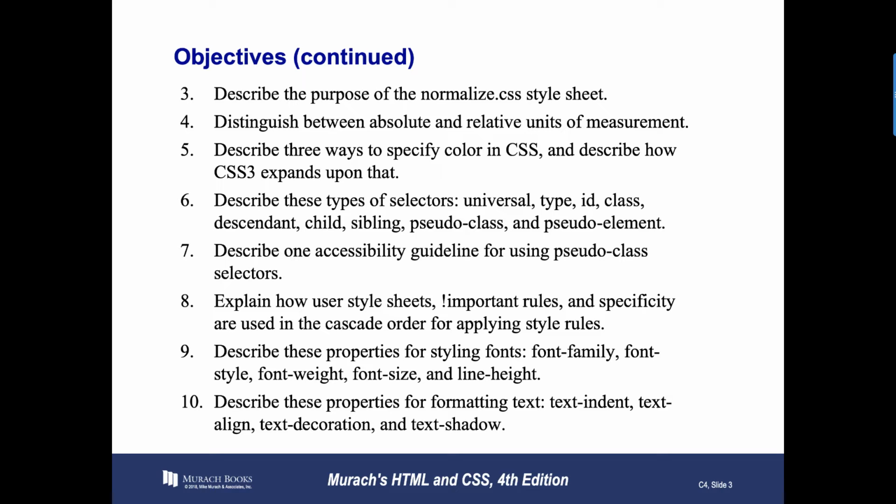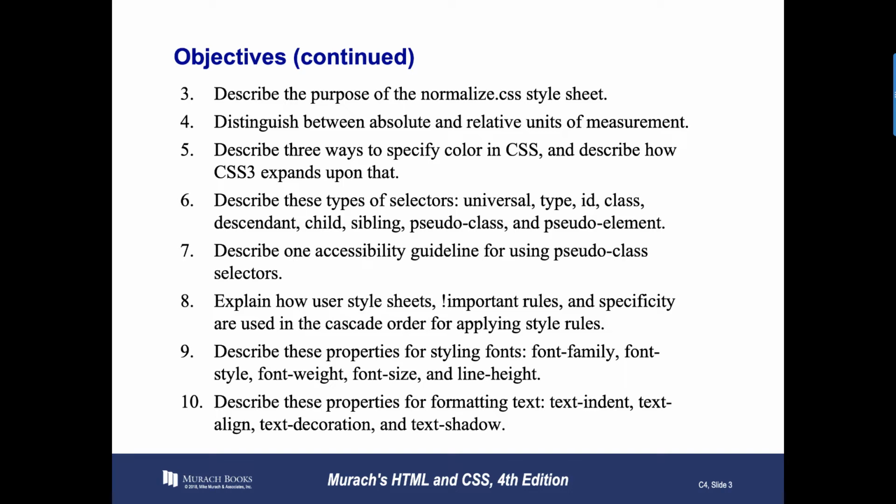Number 6, describe these types of selectors: universal, type, ID, class, descendant, child, sibling, pseudo-class, and pseudo-element. Number 7, describe one accessibility guideline for using pseudo-class selectors.